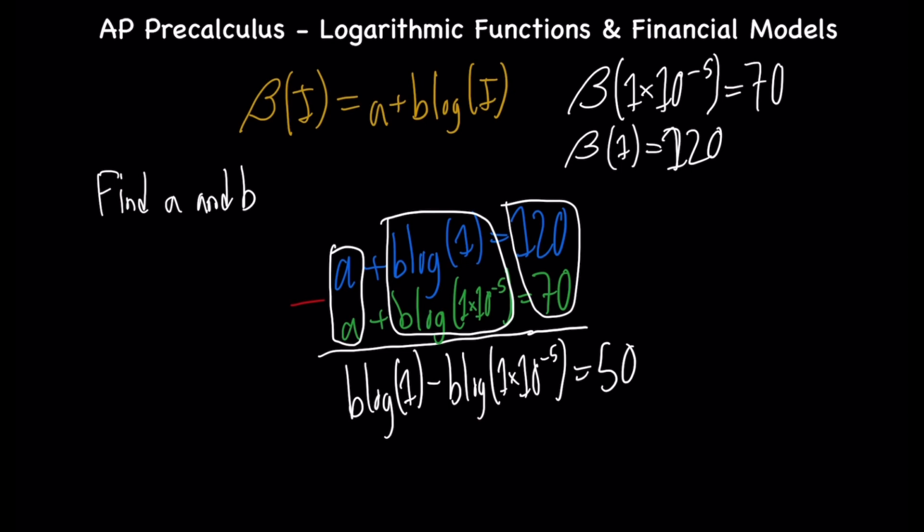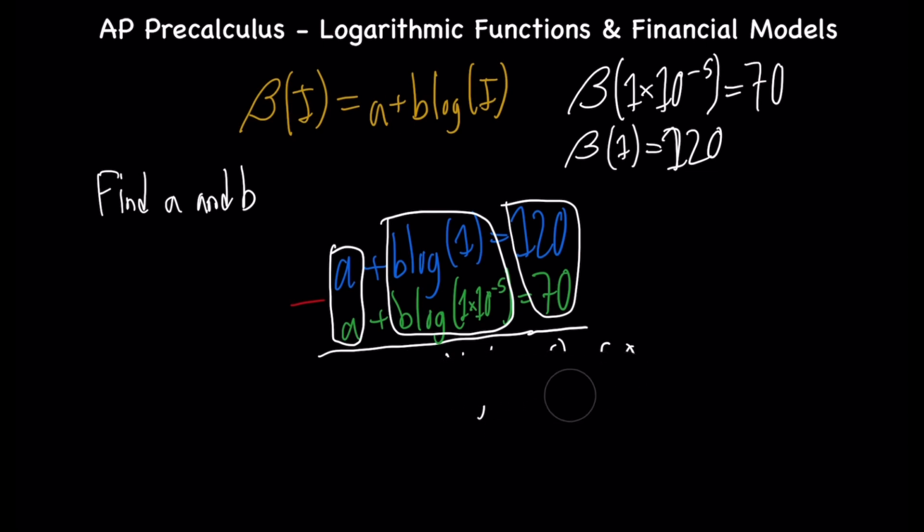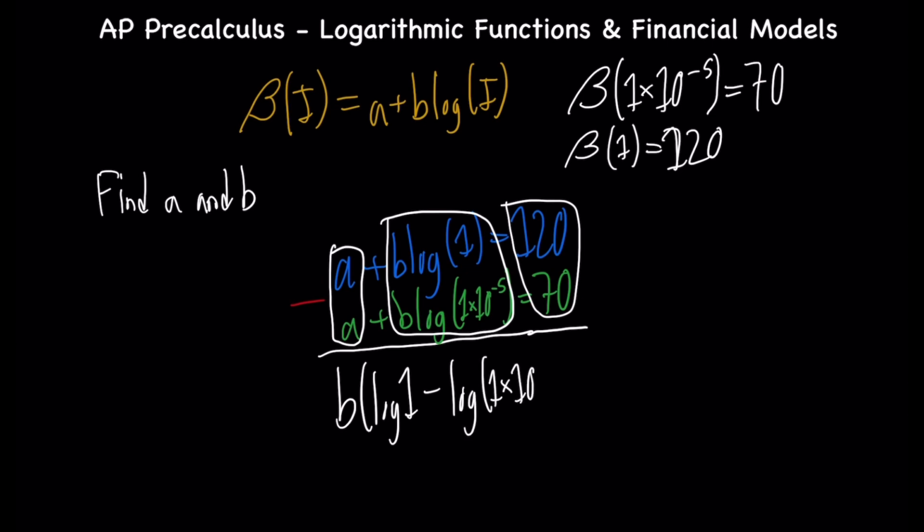And then, like what we discussed in the last example, you can factor out the B's. So what you're going to end up with here is, when you factor out the B's, you have log 1 minus log 1 times 10 to the negative 5th power, and then equal that to 50.